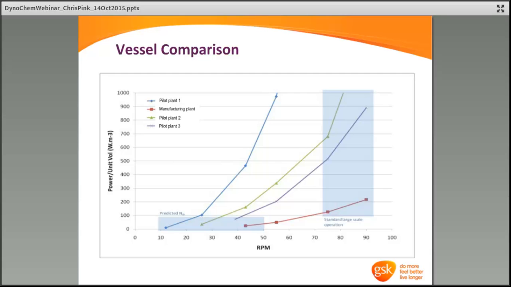So this is what we calculated, and the standard operating mixing RPM rates are highlighted here, and you see even in the worst case scenario, the power per unit volume that we see at large scale is still 10 times what we need to get a just dispersed system.